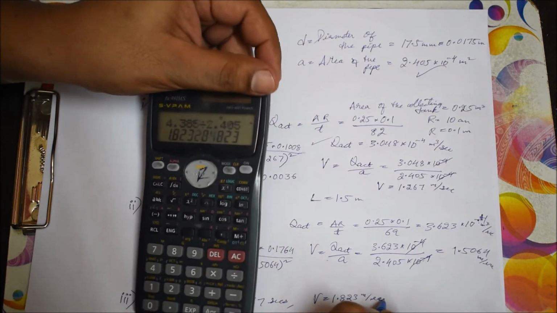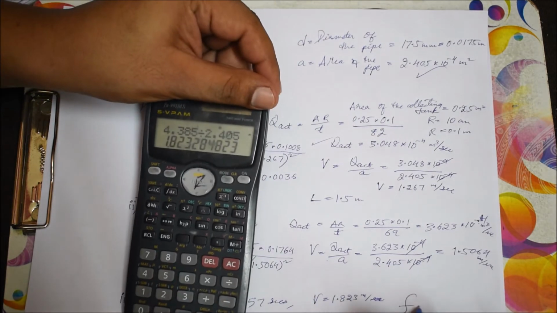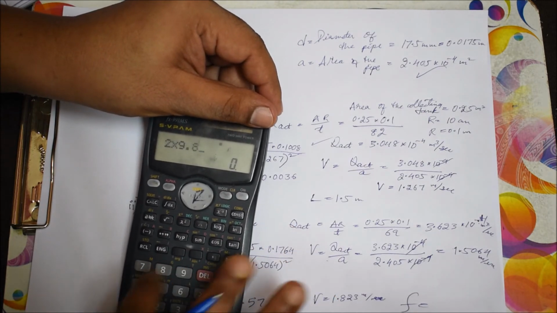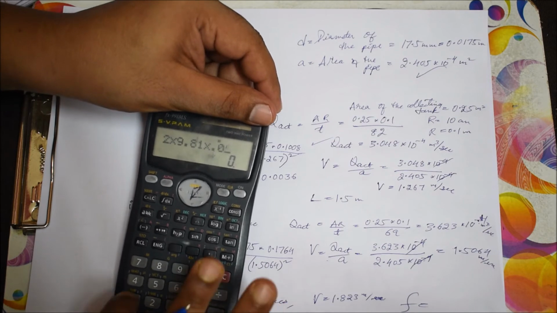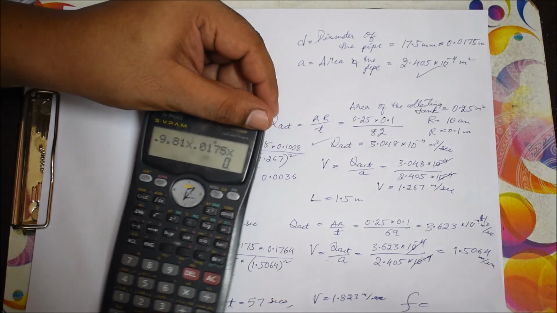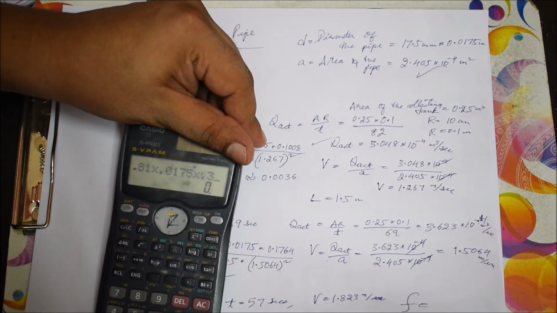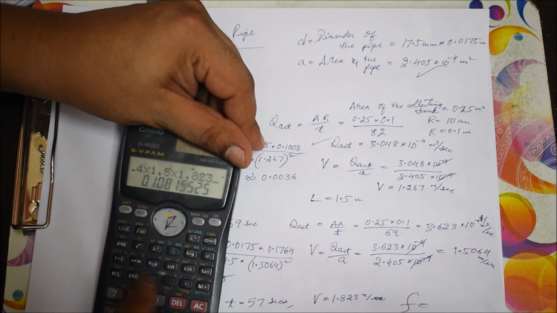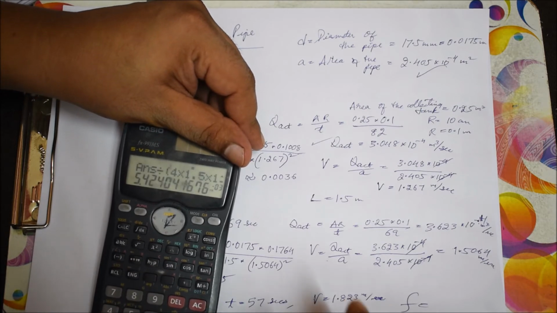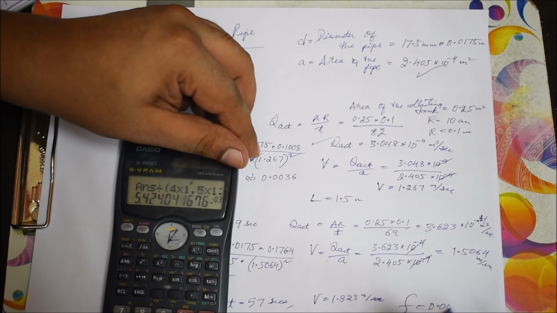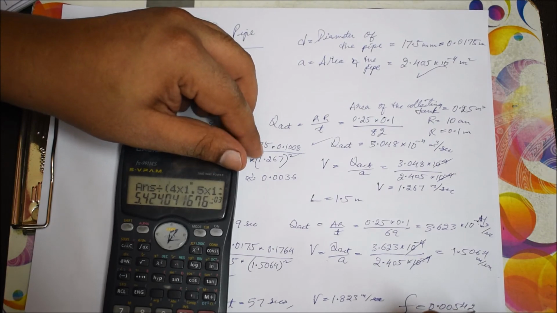So I can directly calculate friction factor, that is 2 into 9.81 into diameter, 0.0175 meters, into HF, 0.315, whole thing divided by 4 into 1.5 into velocity square, that is 1.823 square. So here I am getting 5.42 into 10 power minus 3, or 0.00542.